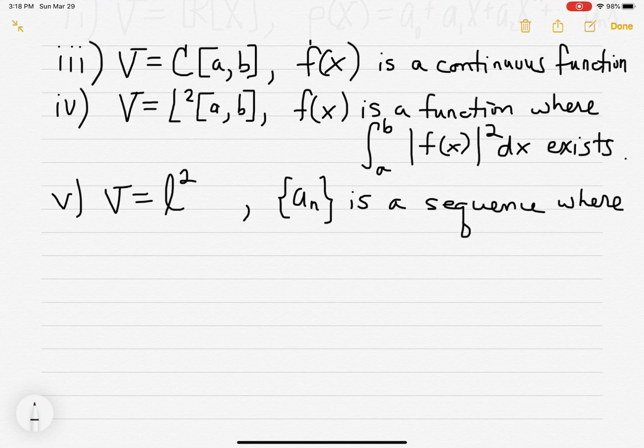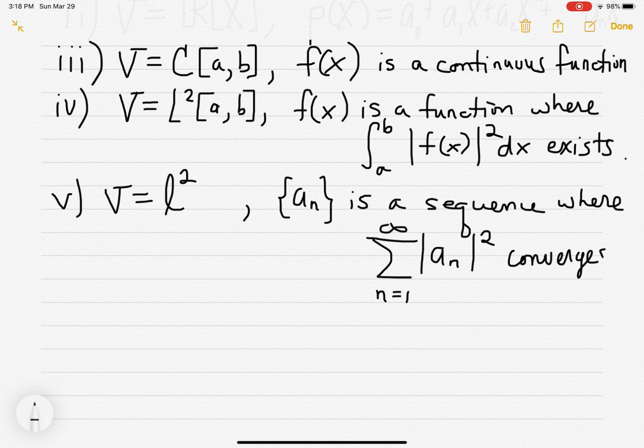What does square summable mean? It means you take the sequence, a_n squared, and you look at the associated series, and it converges. So if the series of a_n squared converges, then a_n is called a square summable sequence.